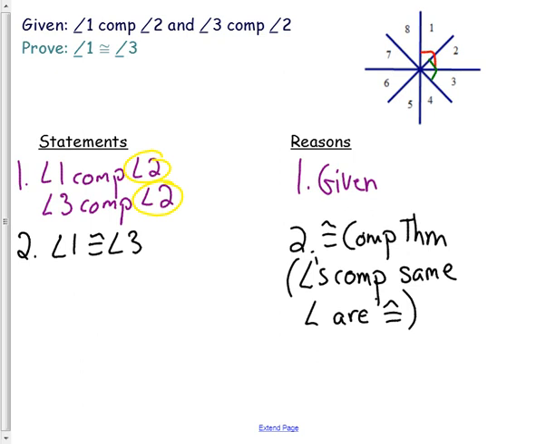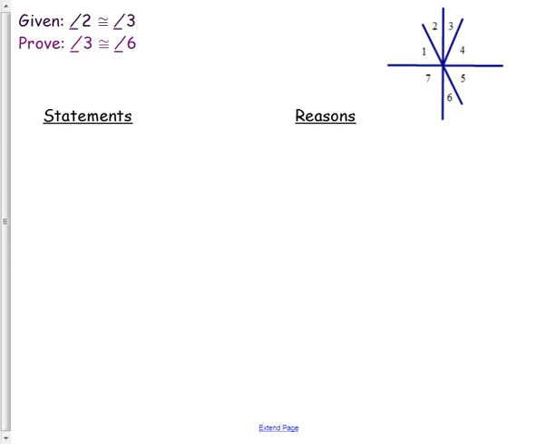Not all of these proofs will be long or tedious or many steps. Here's an example of a 2-step proof, which there will be a few of in this section. Our last proof, we are given that angle 2 is congruent to angle 3.